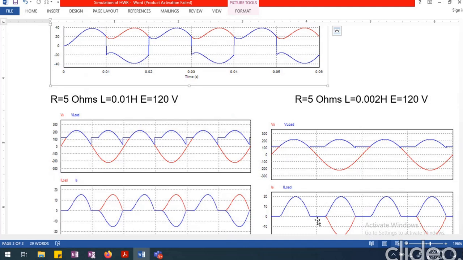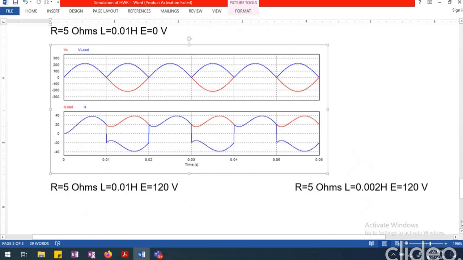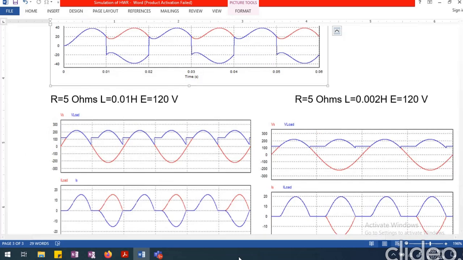One is inductance, the second one is resistance, the third one is the value of the source voltage. If we have the DC voltage source also connected on the DC side, as in a battery charging kind of circuit, then even that influences how long the current is sustained. Okay.